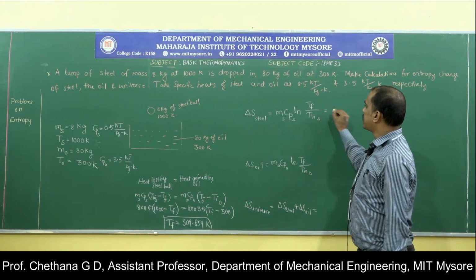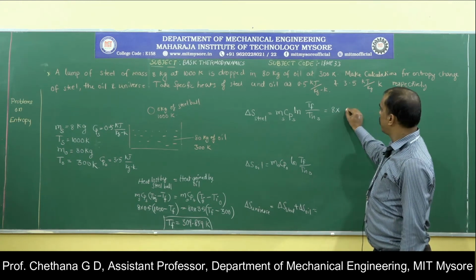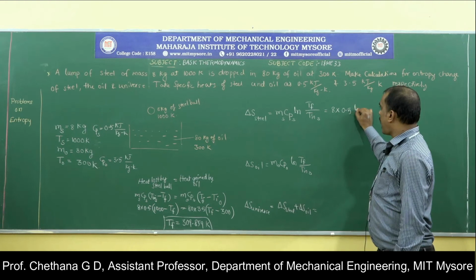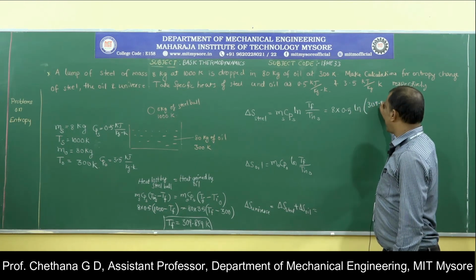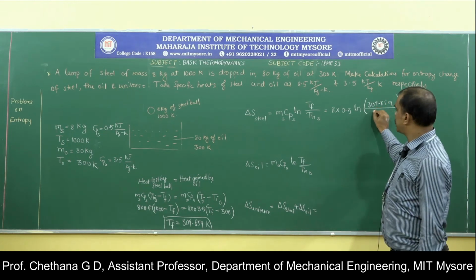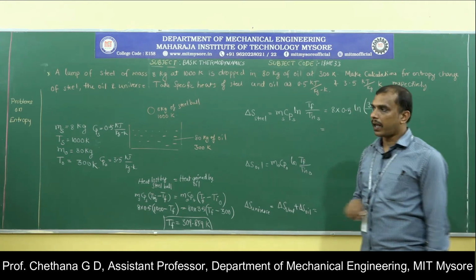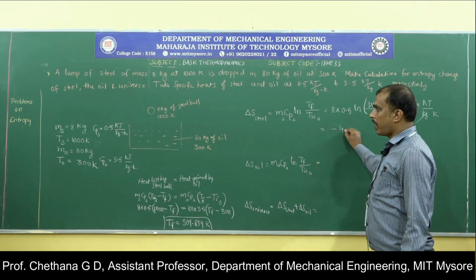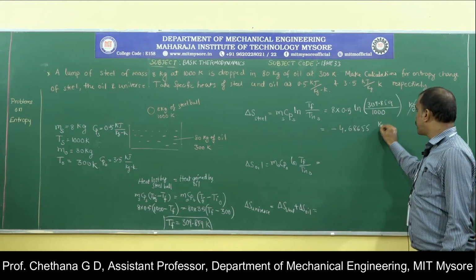Now mass of steel is known to us, 8, Cp of steel 0.5, ln of T final, which we have found out, 309.859, by T initial of steel, 1000. We know that we will get a negative value, minus 4.68655 kilojoule per Kelvin.